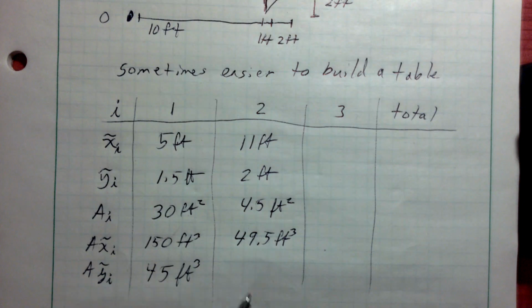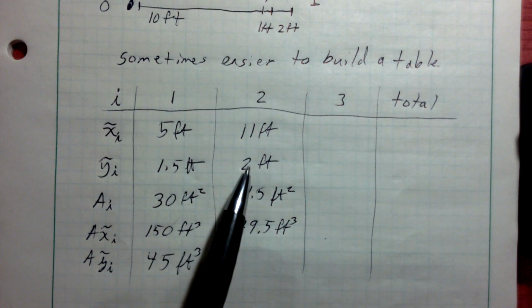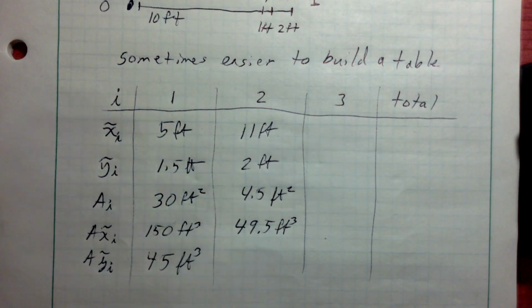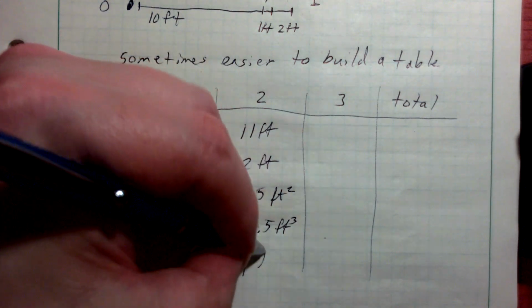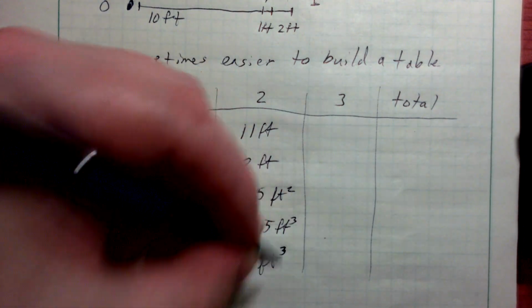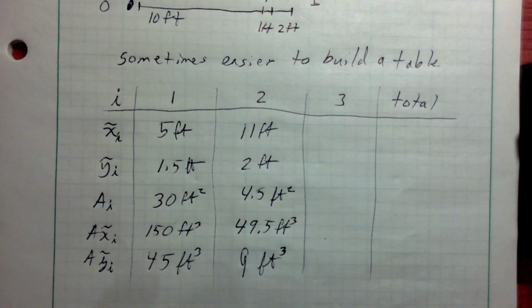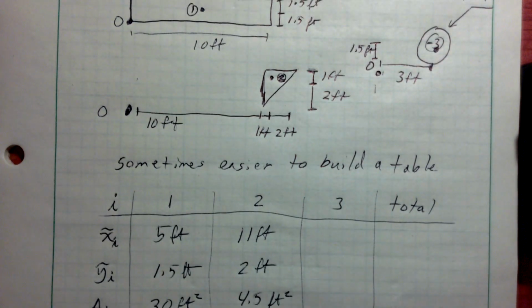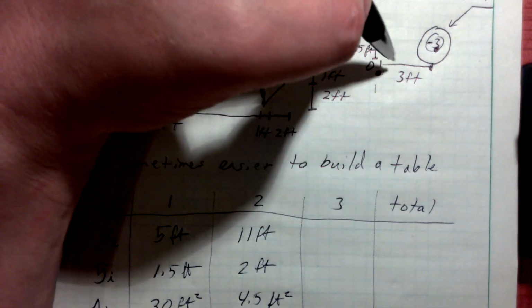All right, so for the next row, then I'm going to take this area times the y. So 2 times the area, that's just going to be 9. 9 feet squared times feet, so that's cubic feet. And then the last one, you can convert this to a decimal. I'm just going to leave it as pi for right now, or at least the area I'm going to leave as pi.